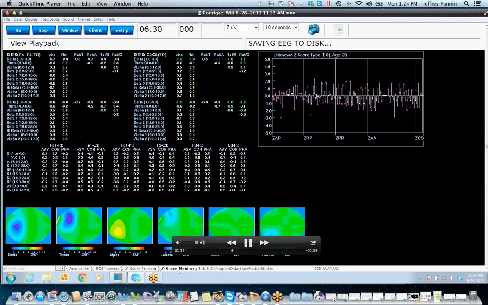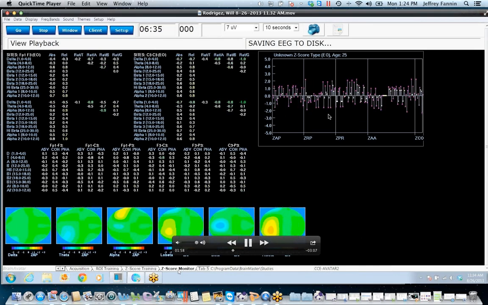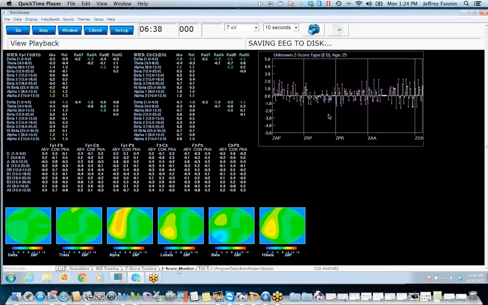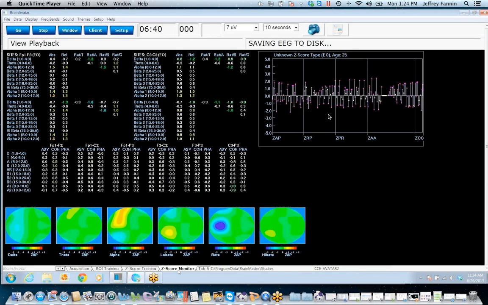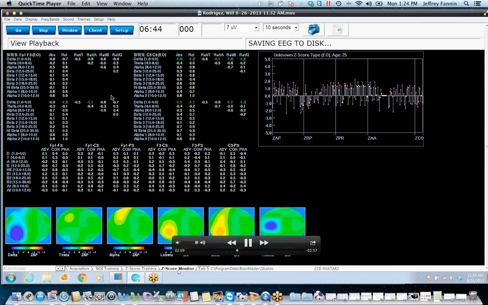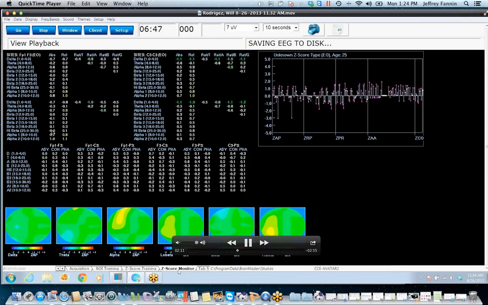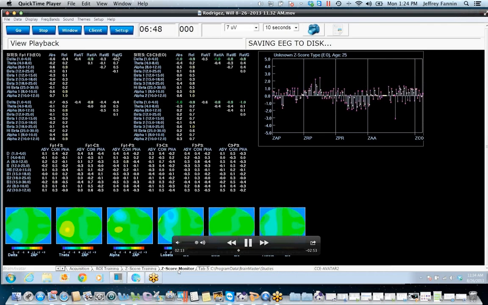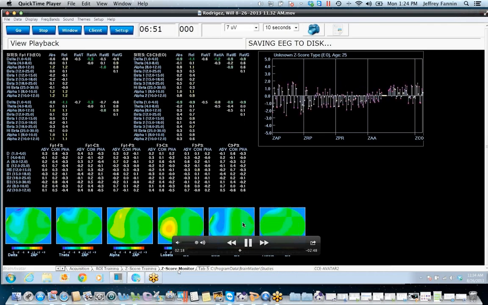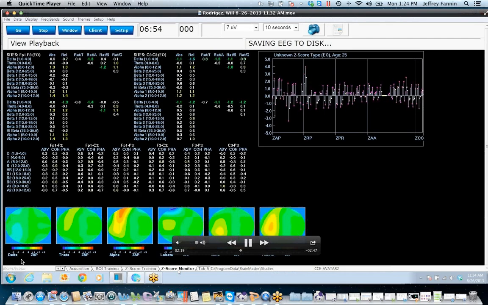So see all these little lines with the boxes on them. This is neuroplasticity. This is your brain's ability to generate new neural pathways. Over here on the left, all of these numbers that are moving around, some of them are colored, and most of them are white. White means that they're in the normal range. And then down here, we're looking at your brain functioning in those different frequency bands.